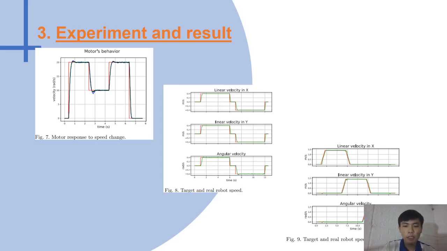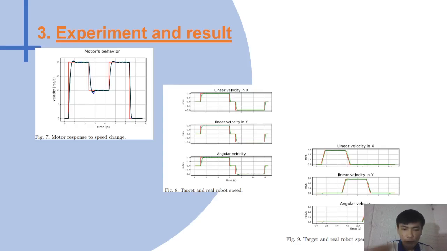The robot kinematics are tested using different linear X and Y and rotational velocities as targets. Figures 8 and 9 show the behavior of the robot at different targets.